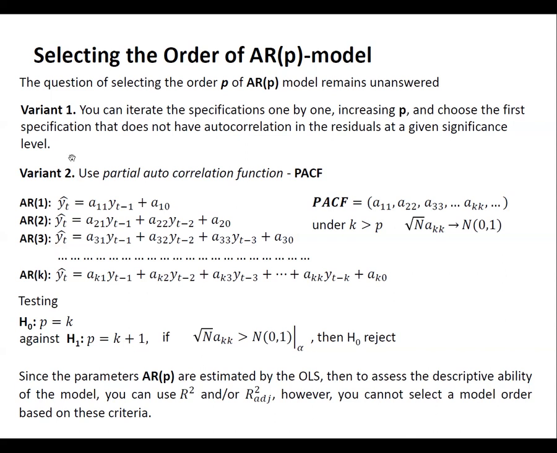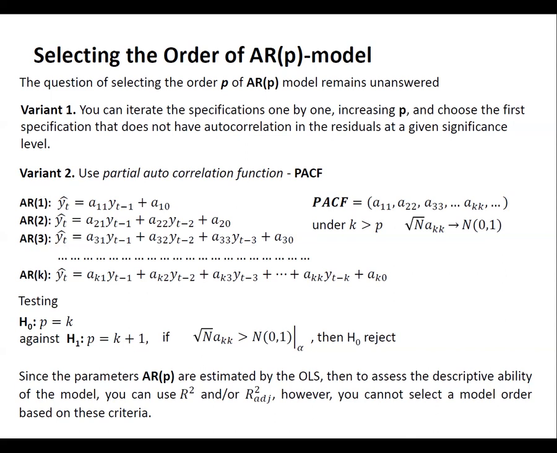If there is no autocorrelation in the residuals, then we take AR1. By the way, I missed it, but in fact the simplest model is AR0. So, purely formally, we should start with AR0 first, then try AR1, AR2, and so on. But this is a bit long and routine, so option 2 exists.